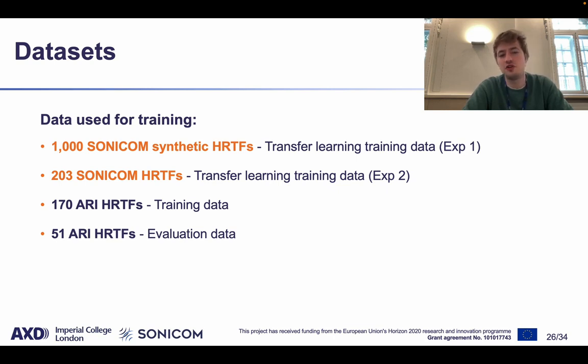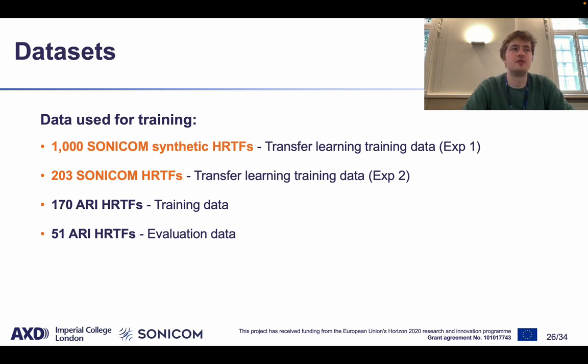And because we have so many more synthetic HRTFs, maybe it does start to answer the question a little bit, not fully, obviously, but starts to scratch the surface of the question: is it better to have more or higher quality data, so acoustically measured data for this transfer learning, or is it better to have more data, so we have much more synthetic data, but it will be of lower quality?